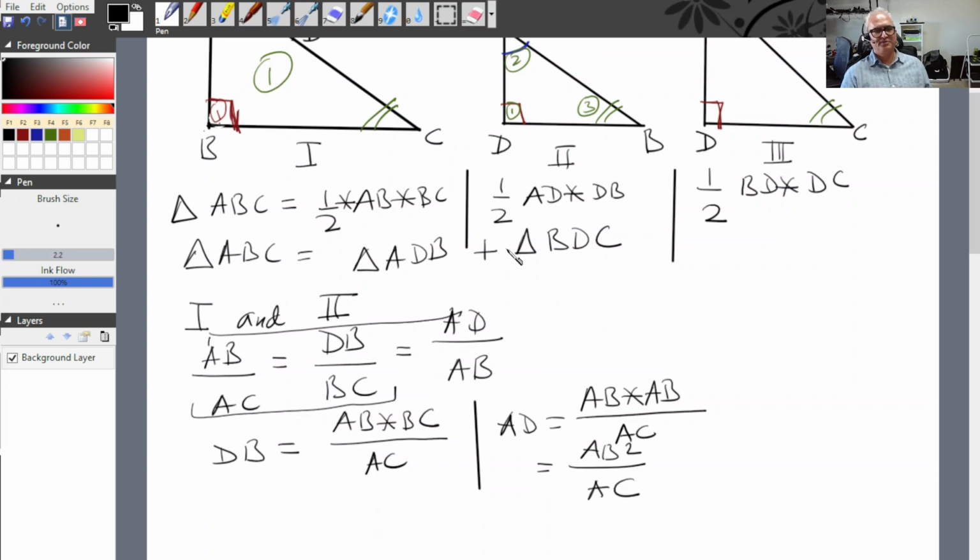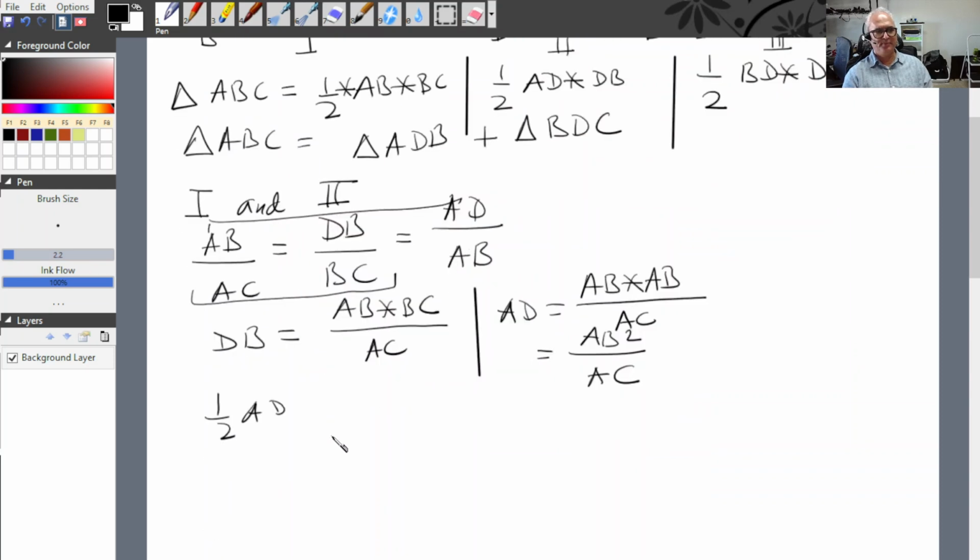So area of this triangle over here, half DB. So area of the triangle is half AD. I think I've gone a little below. Okay.